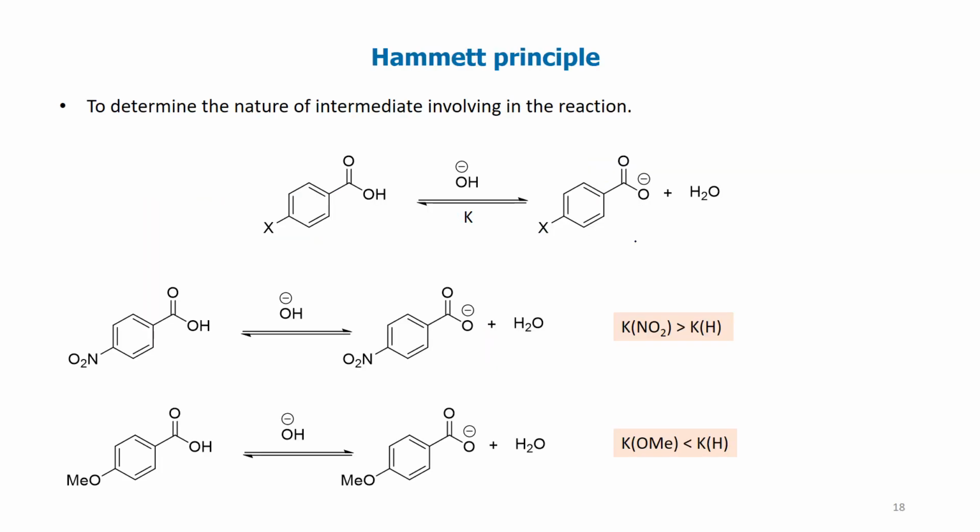Let's talk about our next principle to understand reaction mechanism, that is the Hammett principle. To determine the nature of an intermediate involved in a reaction, Hammett performed different types of reactions. Hammett performed a deprotonation reaction with different substituted benzoic acids, like normal benzoic acid, a benzoic acid with an electron donating group like para-methoxybenzoic acid, or para-nitrobenzoic acid.